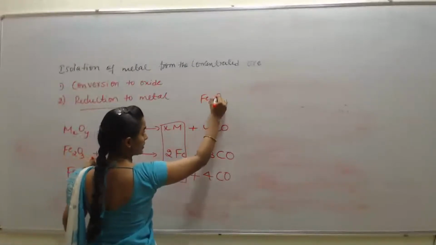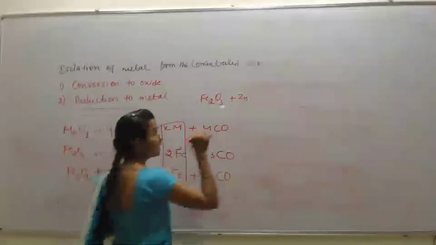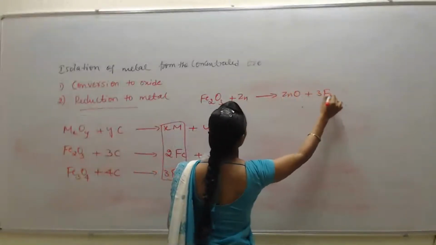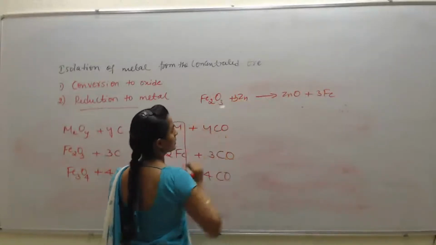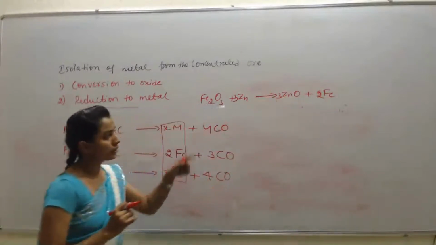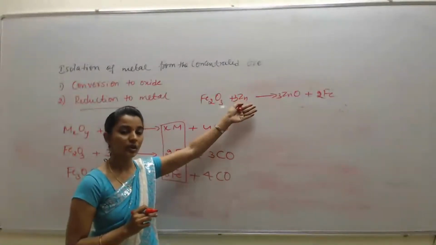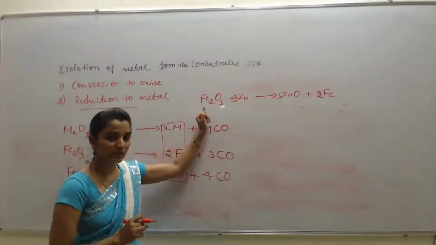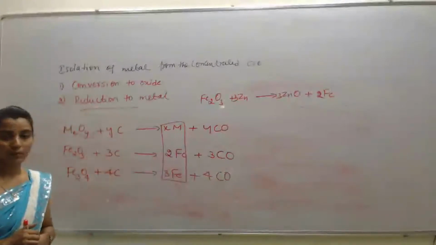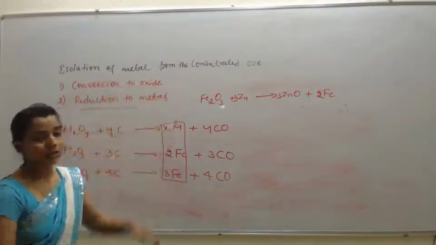If Fe2O3 is there and we use zinc, there is a chance of formation of Zn oxide plus Fe, that is 3ZnO and 2Fe. By treating with another metal which has the capacity to replace this metal, we can also reduce the metal. So this is reduction of the oxide ore to metal, the isolation of metal from the concentrated ore.